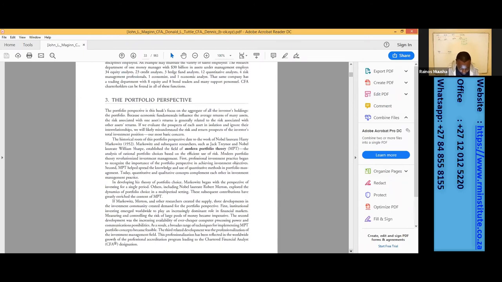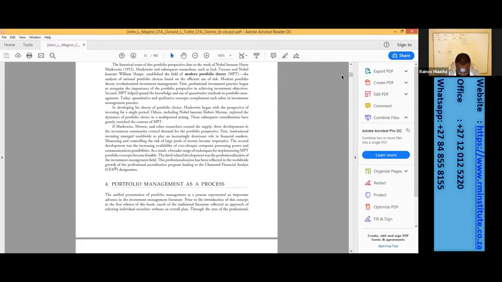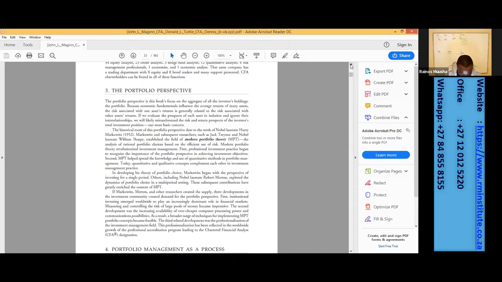Section 3 looks at the portfolio perspective. And when it comes to the portfolio perspective, the book's focus is on the aggregate of all the investors holding the portfolio.